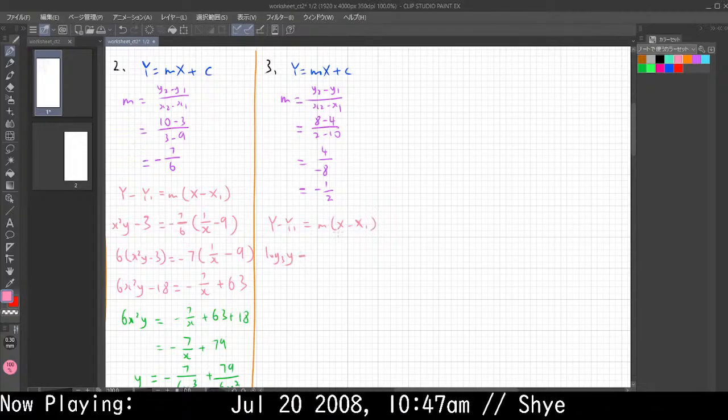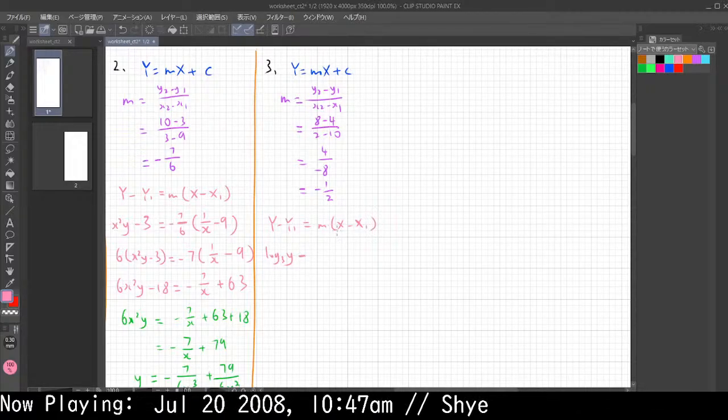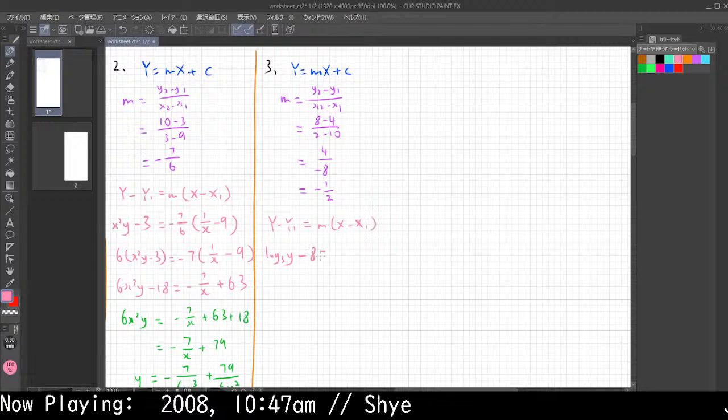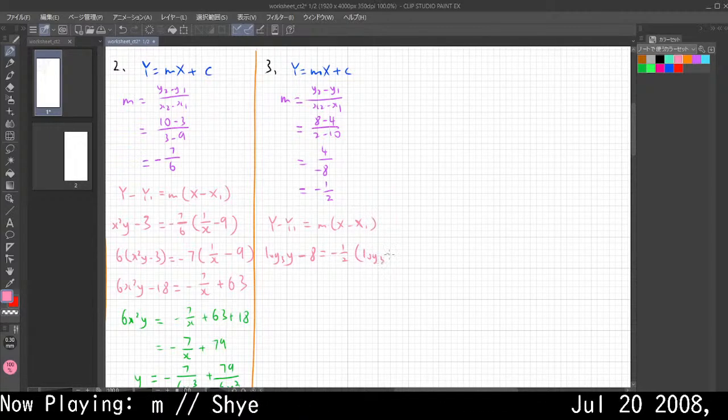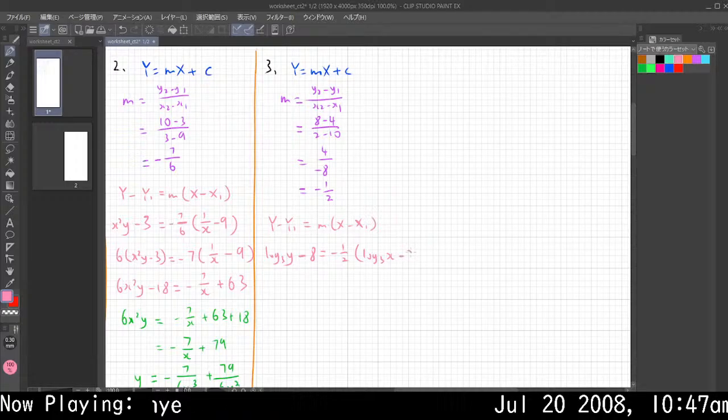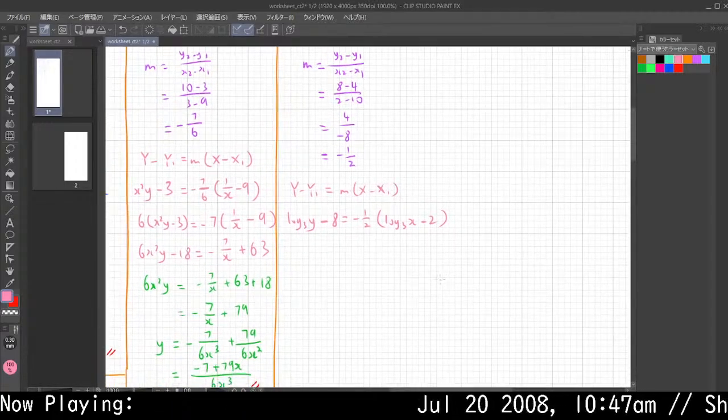Capital Y, copy. I use point 2,8. M is neg 1, 2. Capital X is log base 3x. Minus x1 is minus 2. Then I bring the 2 over.